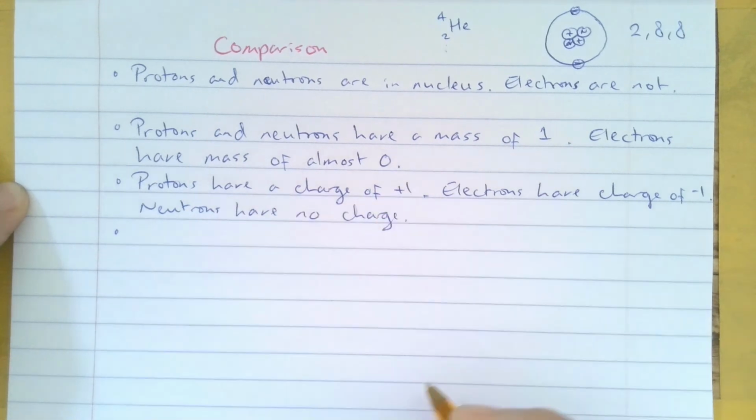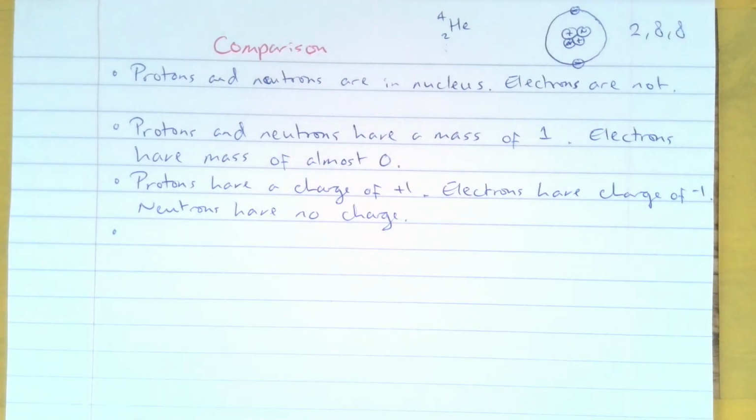Okay, which again is a possibly complicated way of writing this answer. I could have said protons and electrons are charged, neutrons are not, and that would have got me the mark as well. Okay, I'm just showing off here a bit, writing a slightly more complicated answer than I need to, but you need to know, it's a fundamental of science, you need to know protons have a charge of +1, electrons have a charge of -1, and neutrons have no charge at all.